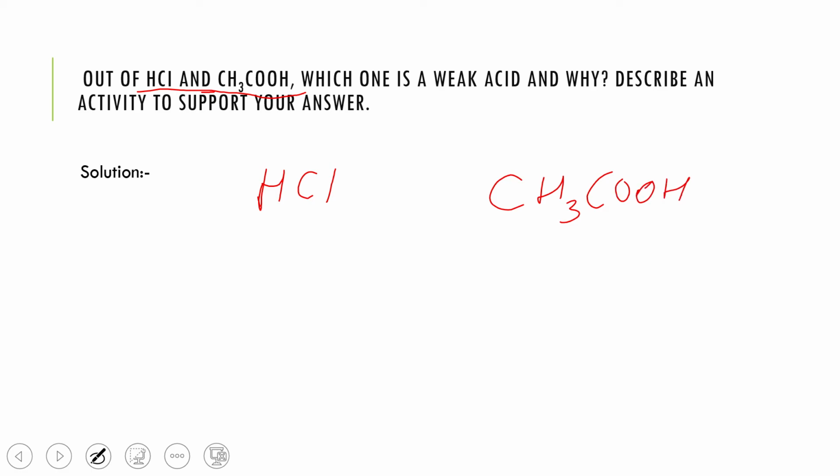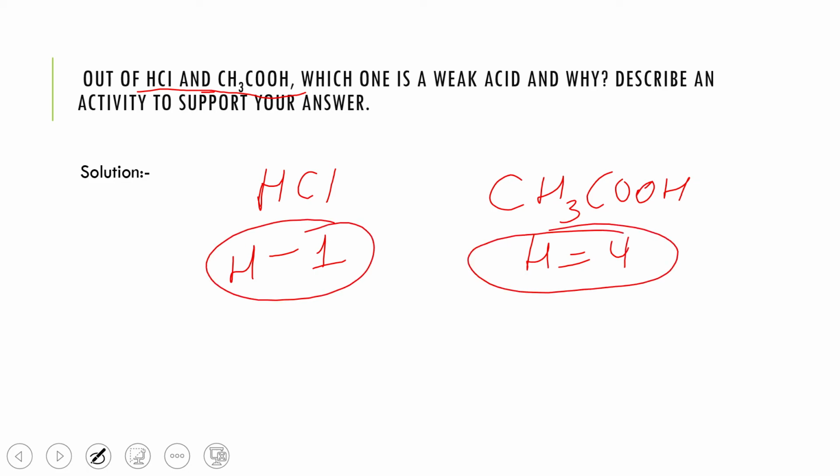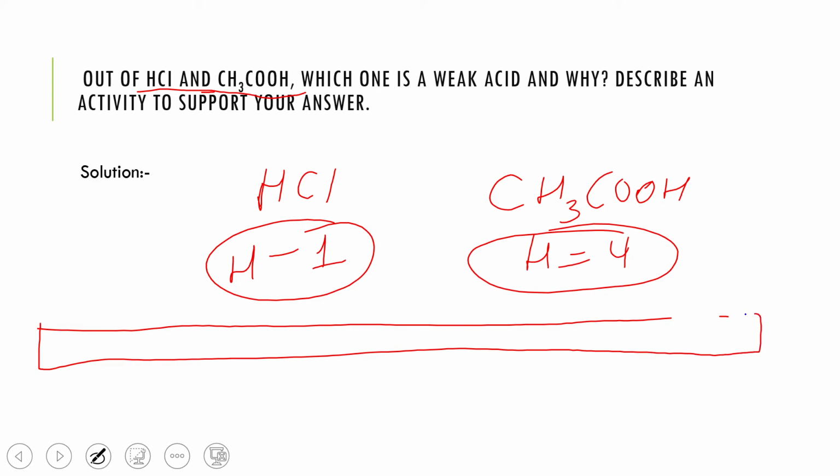Simply count the number. In here it is 1, but in here it is 4. The fewer the hydrogen atoms, the more acidic it would be on the pH scale. When the power of hydrogen is 0, it's the strongest acid.